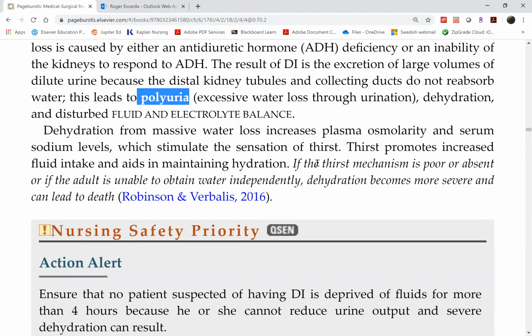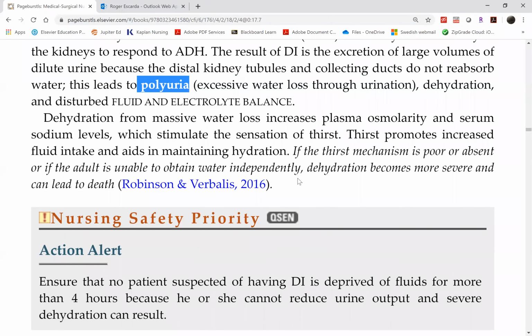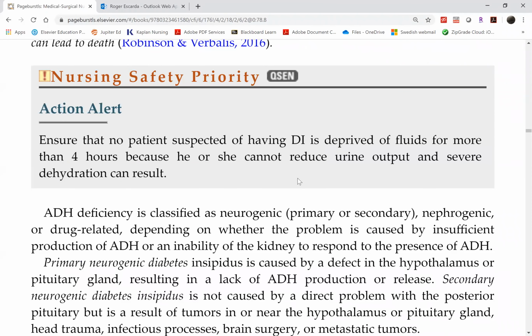So if you don't have it, you're losing water and the sodium level rises due to hemoconcentration, meaning when you draw blood from this very dehydrated patient, of course, the blood sample you're taking is a very concentrated blood sample.